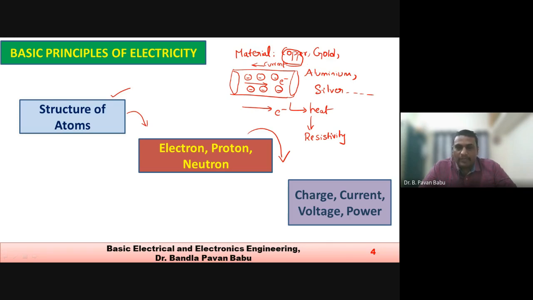In the same way, when electrons flow, some of the electrons will oppose following the direction. Because of this kind of behavior, heat is produced, and that is a property of the resistance.